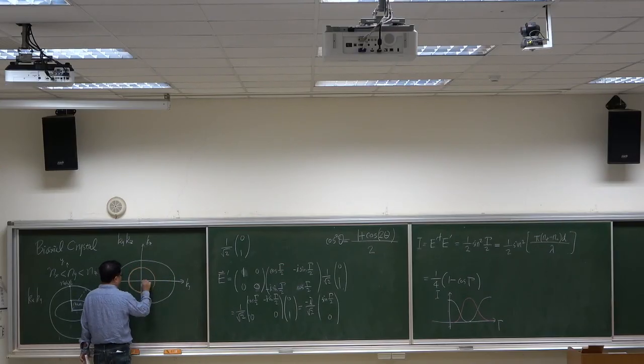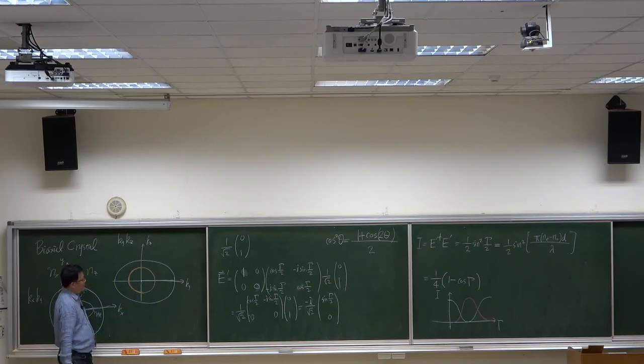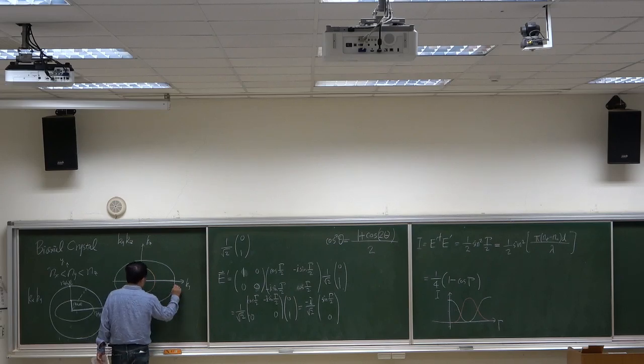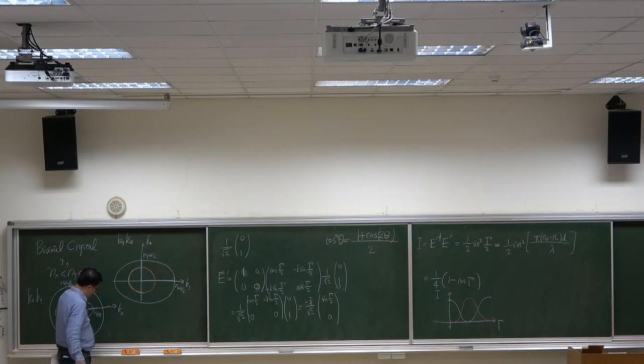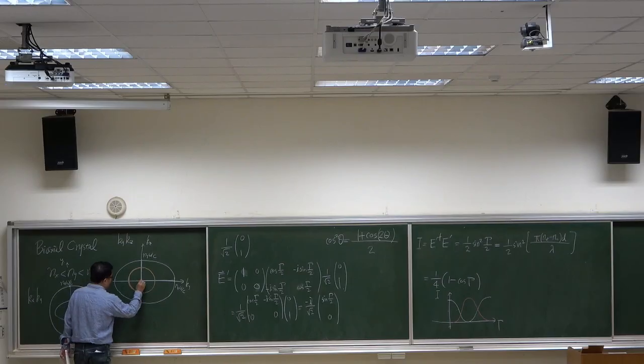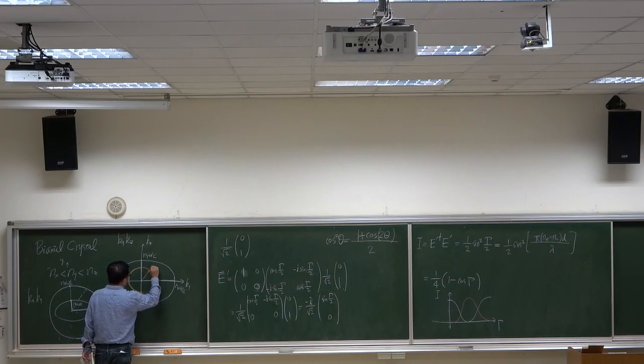Okay, and here this semi-major axis is equal to nz omega over c, and this semi-major axis is equal to ny omega over c, and the radius of the circle is nx omega over c.